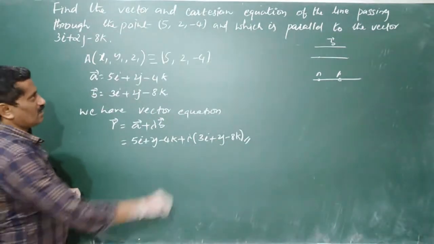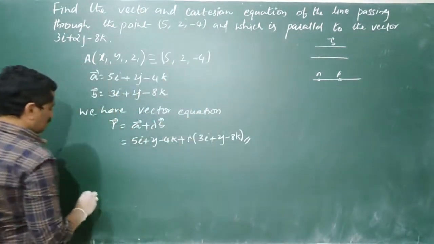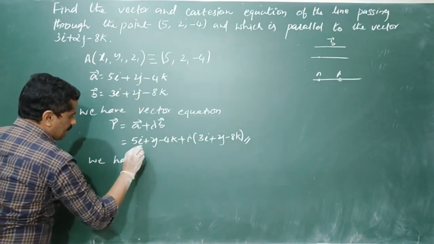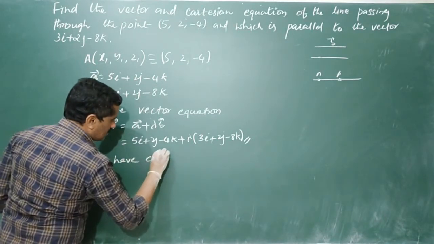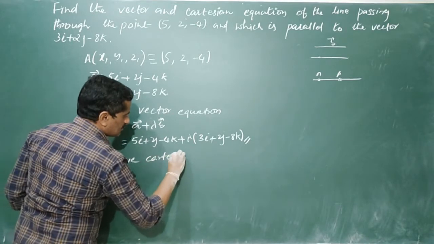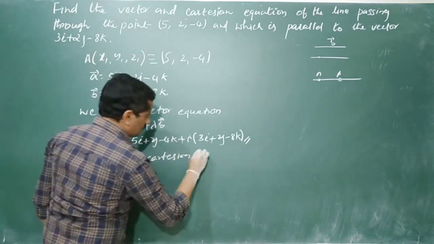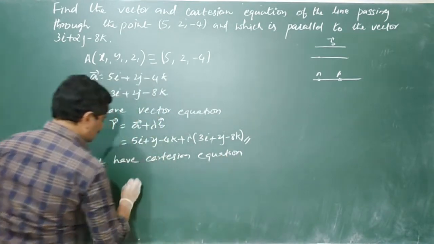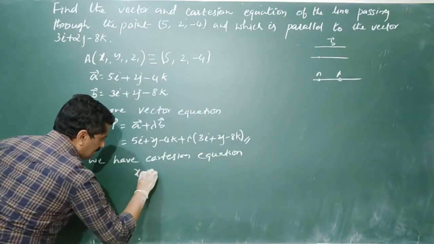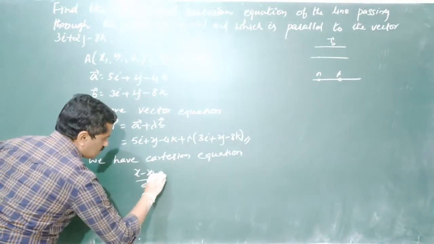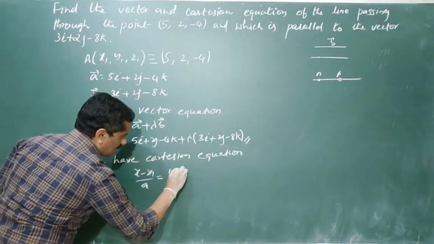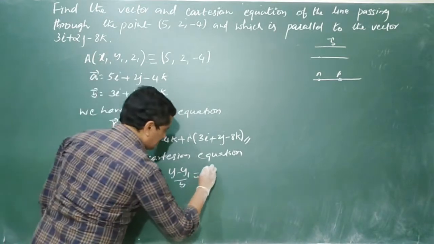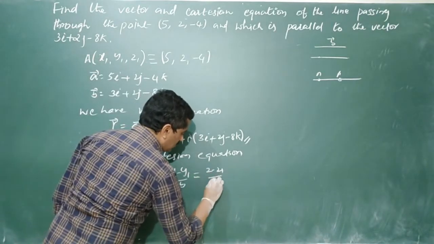Next we need to find the Cartesian equation, that is (x - x1)/a = (y - y1)/b = (z - z1)/c.